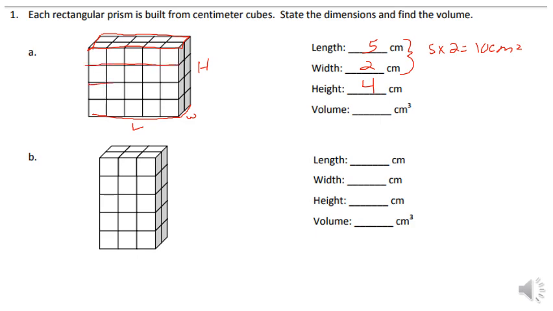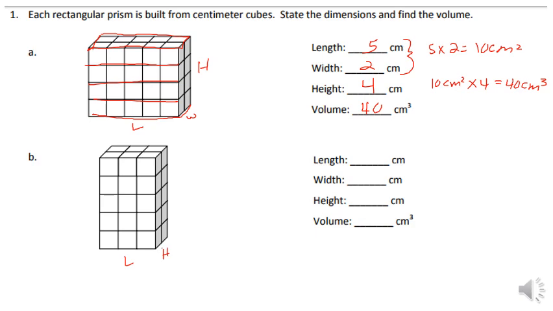Now the height is how many layers we have. And you can see on this prism we have 4 layers because our height is 4. So now we have 10 centimeters squared times 4 layers equals 40 centimeters cubed. So we would end up with 40 centimeters cubed.